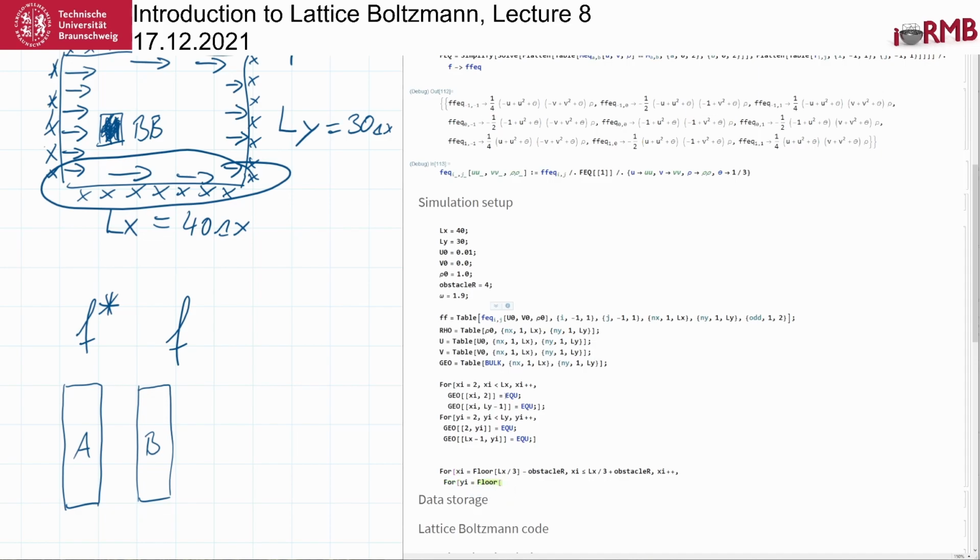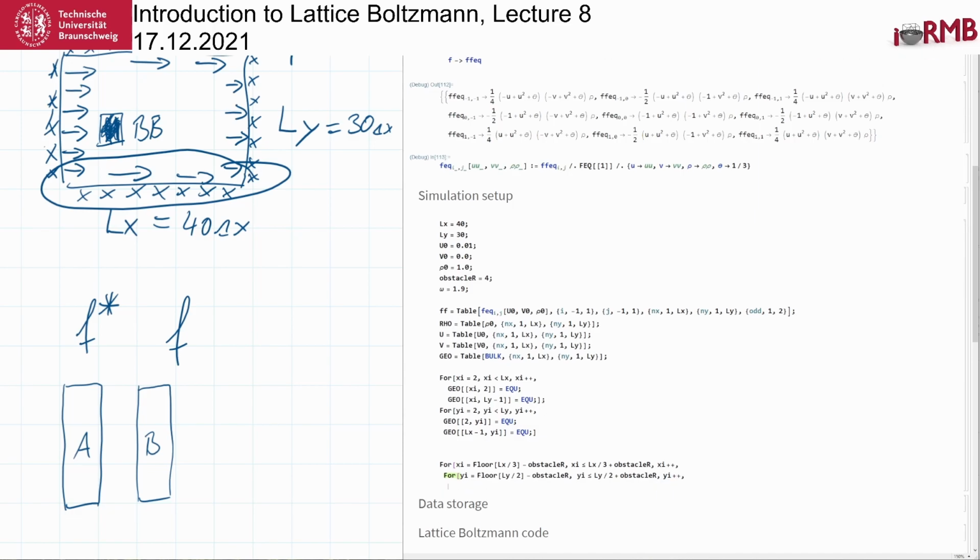Floor, now in the y direction. I'm going to put this in the middle, so Ly divided by 2 minus obstacle r, and yi smaller or equal to Ly divided by 2 plus obstacle r, yi plus plus. So this is how we write the loop.